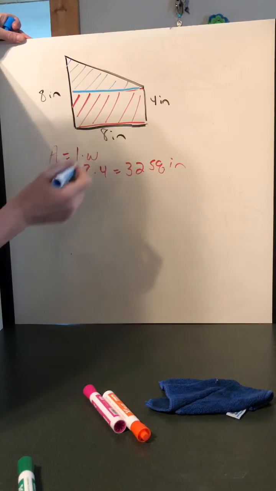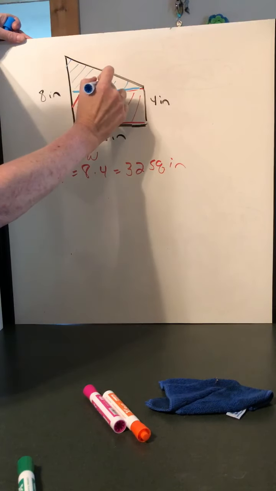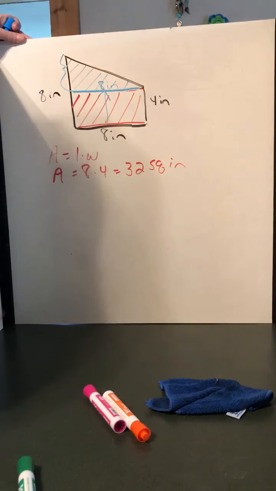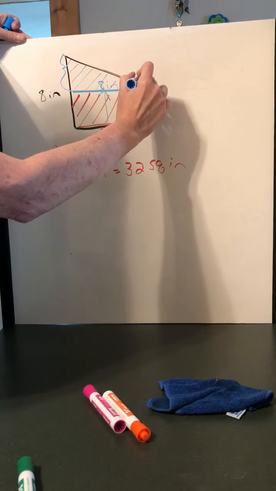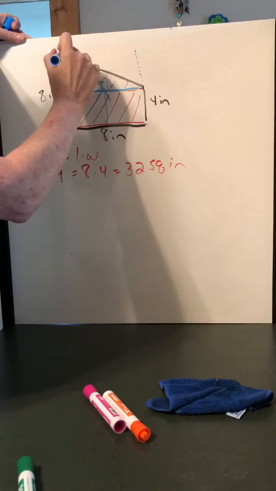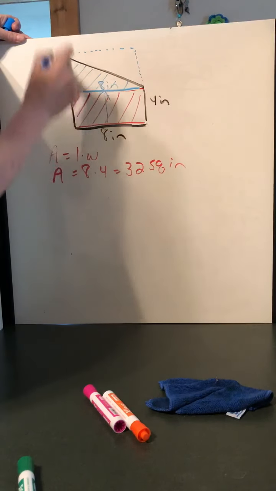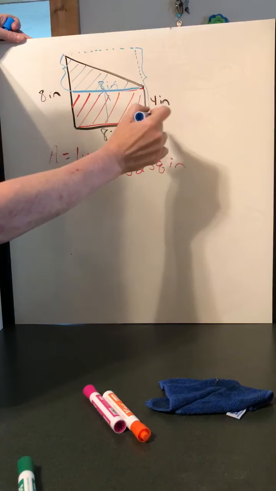The base of the triangle is 8 inches because it's the same as this, right? But I don't know what this little part is here. That's my height. Well, I do know this, that if I brought this up over here and made kind of like a rectangle, this 8 inches has to equal this.